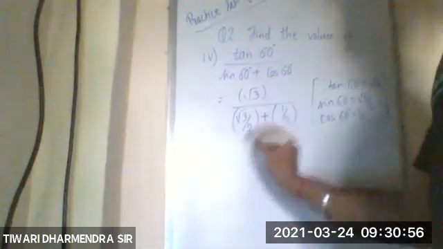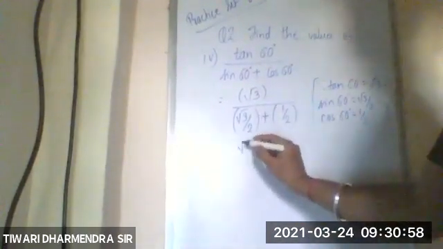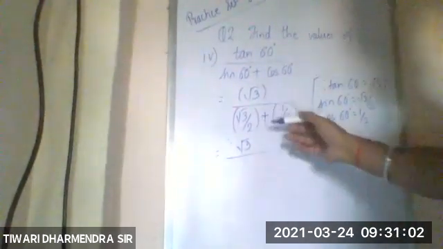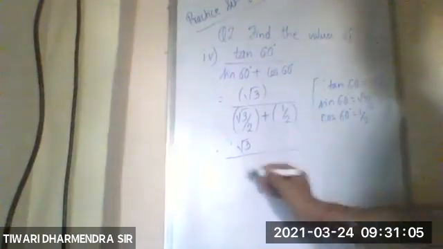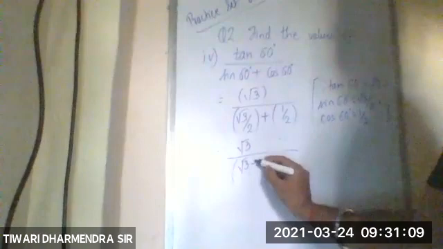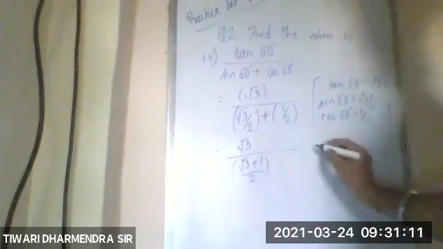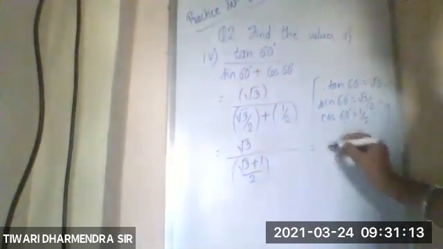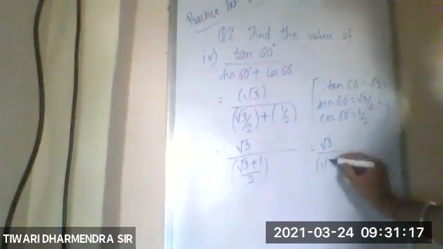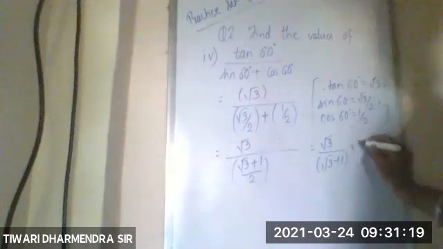So now, as you can see, the denominator of the denominator is the same. So we can write this as root 3. Okay. So this can be written as root 3 upon root 3 plus 1 into 2.